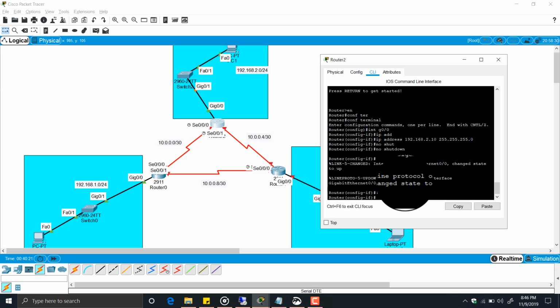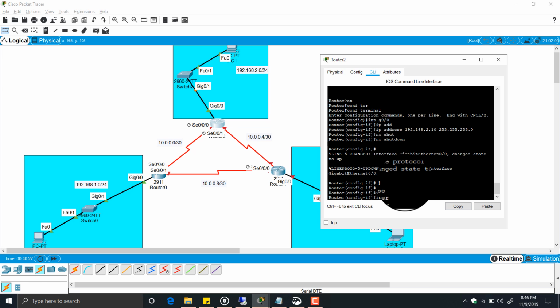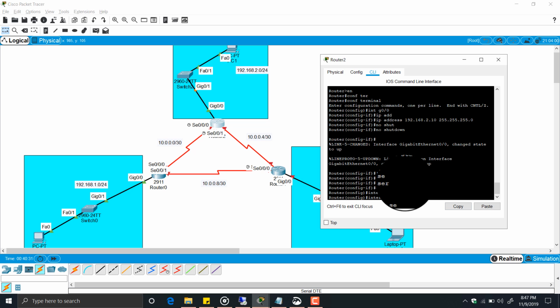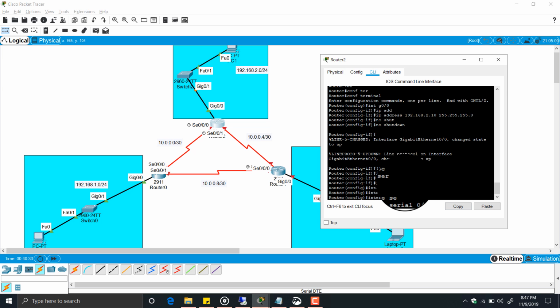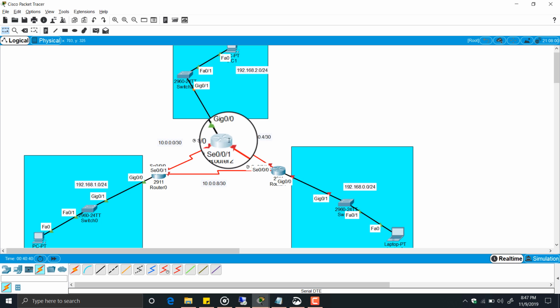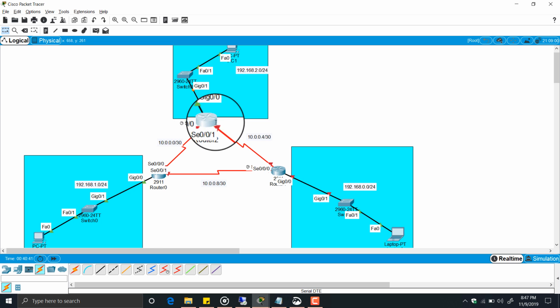Okay, now let's go to the other interface which is connected to the WAN side. Interface serial, it's the 0/0/0. We can see it here in the topology. Let me check. Yeah, it's the 0/0/0.